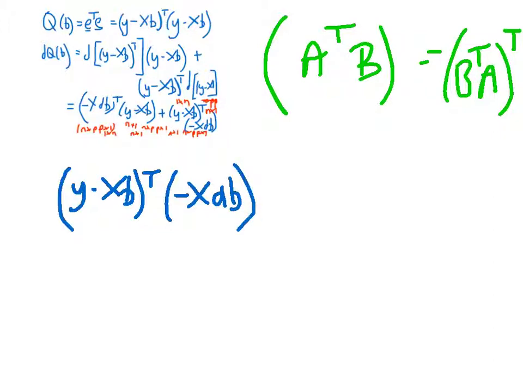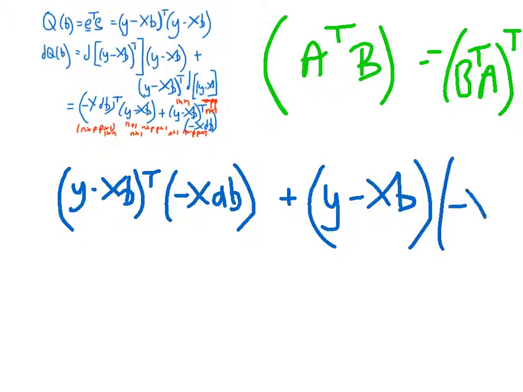The transpose of minus x db gives us minus x db, but of course just now we said that this term was scalar, so we don't need to transpose a scalar, we can leave things as they are. And we're going to add to this y minus xb multiplied by minus x db, and I've forgotten the transpose here.